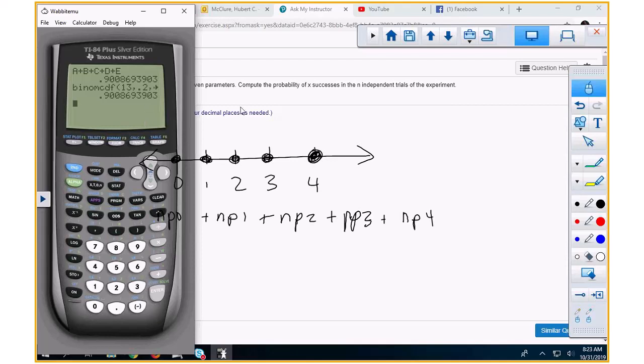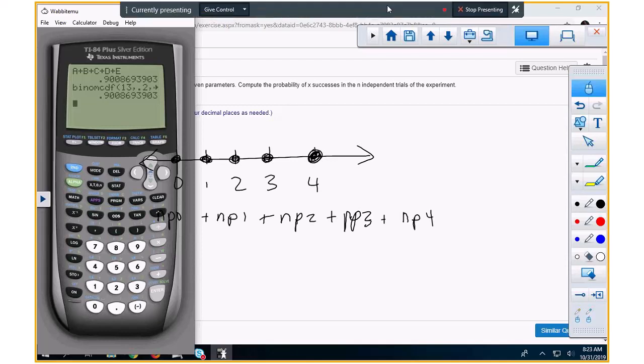So you can do it A, B, C, D, E, or you can do binomial CDF, and the CDF stands for cumulative. So write that down. Everybody write that down. Normal CDF, the C stands for cumulative, and it means from 0 to that number.